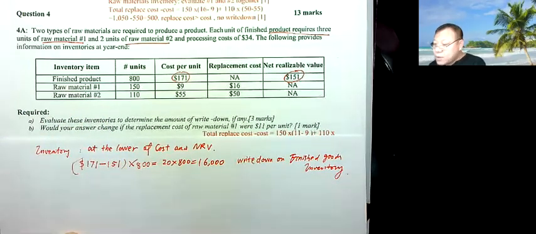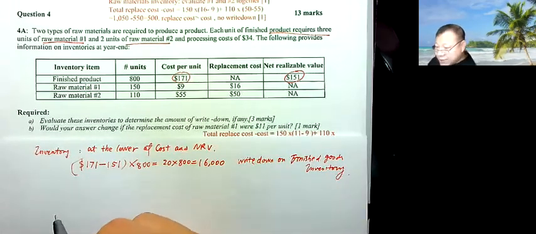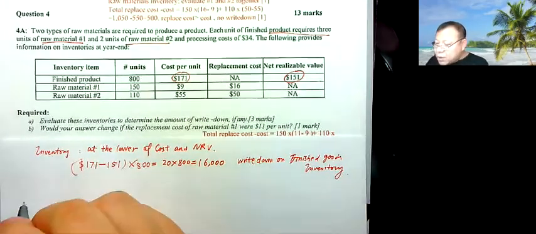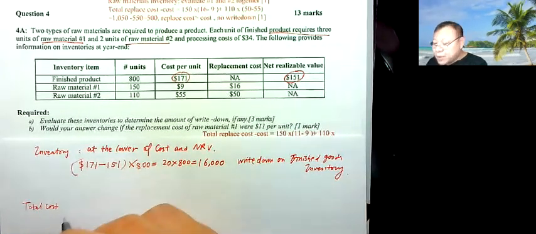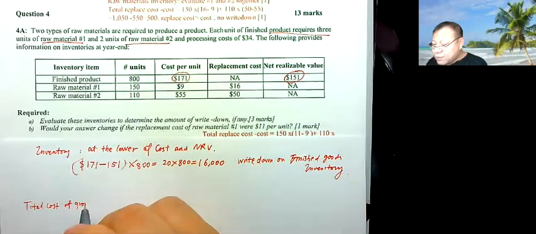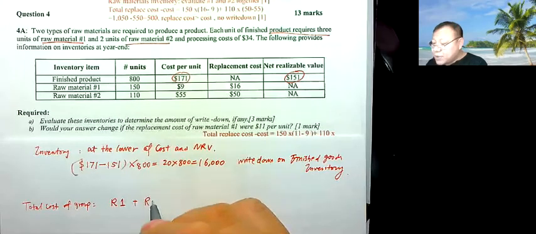So let's calculate the total cost of the group, your raw materials 1 plus raw materials 2.